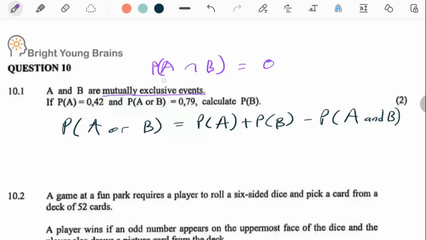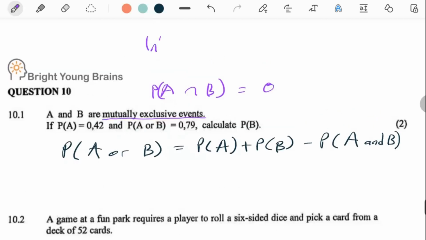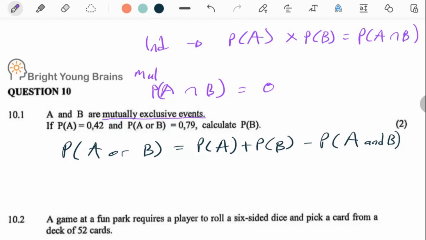For independent events, the probability of A times the probability of B is equal to the probability of A and B. That's for independent events. This is for mutually exclusive events.